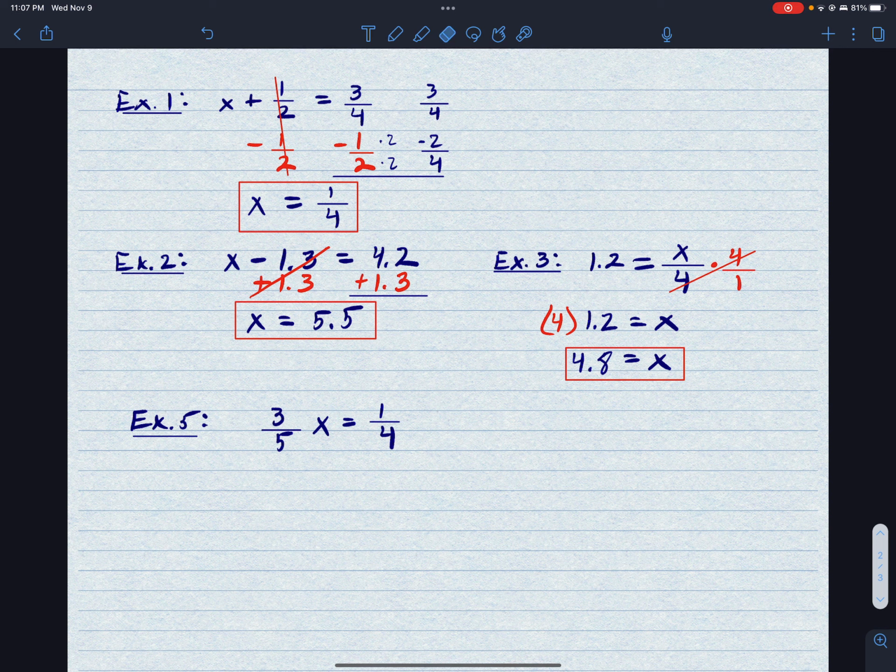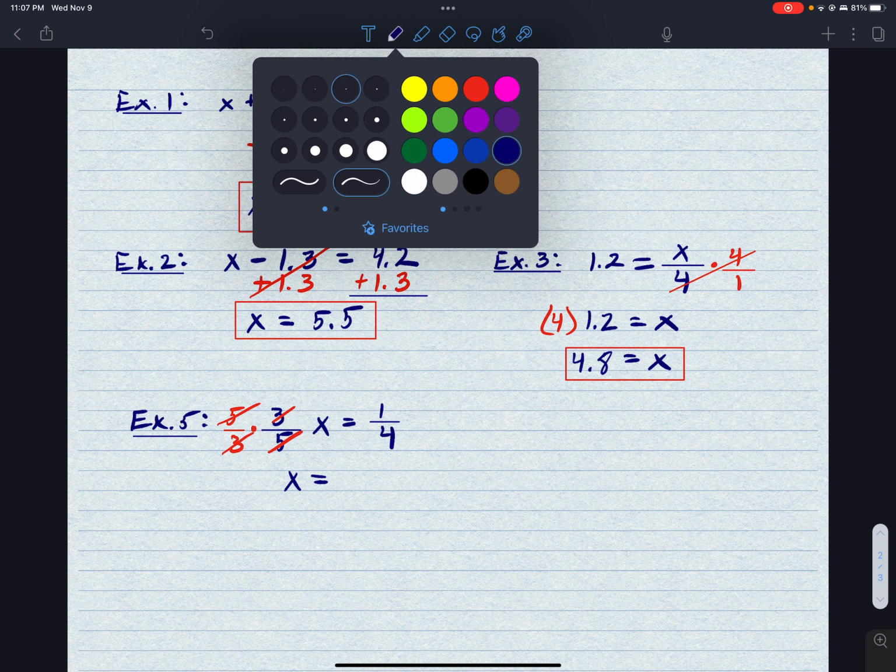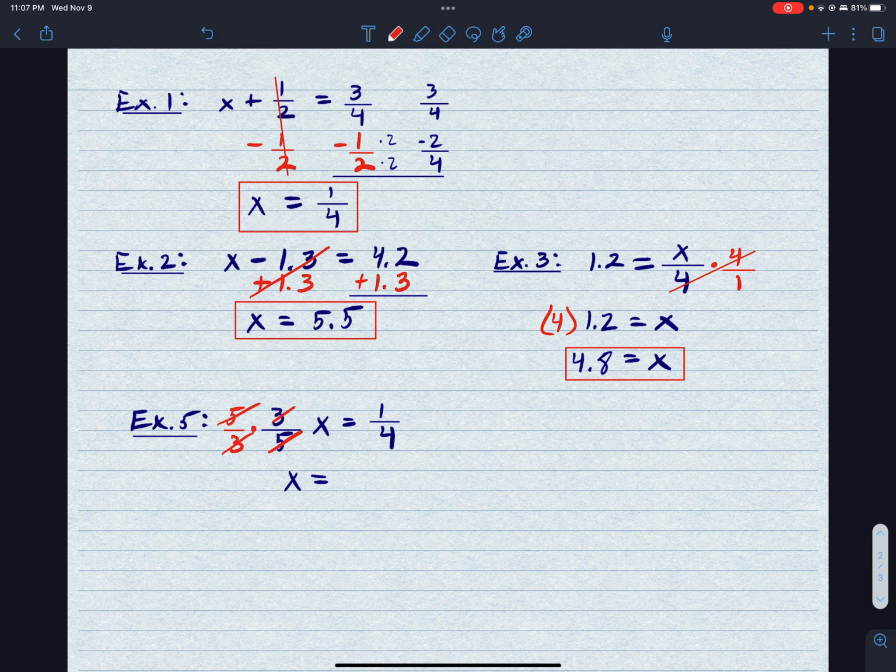Instead of dividing by 3/5, I'm going to multiply by 5/3. Because if I take 3/5 and multiply by its reciprocal, 5/3, then the 5's cancel and the 3's cancel, and I'm left with just x. However, I just multiplied the left side of the equation by 5/3, so I must multiply the right side by 5/3.